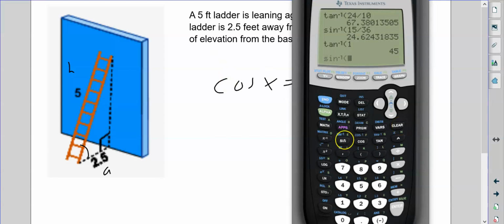We type in second cosine, the inverse of 2.5 divided by 5. Whoops, I wrote cosine, and I did sine. That was a mistake. These things happen. Second cosine, 2.5 divided by 5, and that's 60.